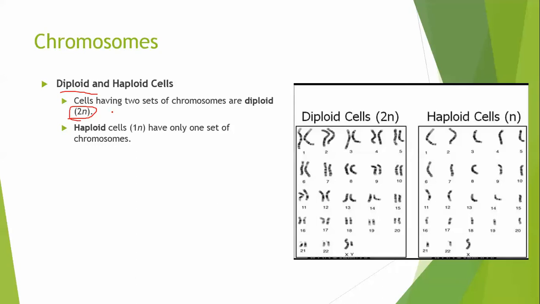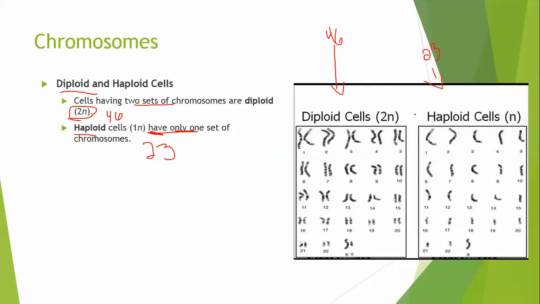So, that would be 2 sets of chromosomes. So, for us, the number would be 46. And haploid cells would be half the number, only 1 set of chromosomes. So that would be 23. So our diploid number would be 46, and our haploid number would be 23.